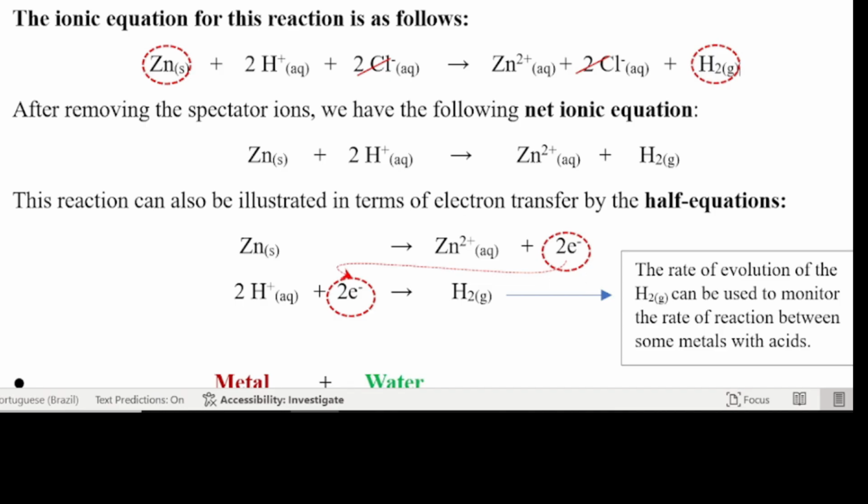Sometimes I give students a little lab to do, where I give them some hydrochloric acid and a series of metals, some granulated forms of 4 or 5 different metals. And I ask them to carry out an experiment to rank them in terms of reactivity. You see, the rate of evolution of the hydrogen can be used to monitor the rate of reaction between some metals and acid. This is the theory.